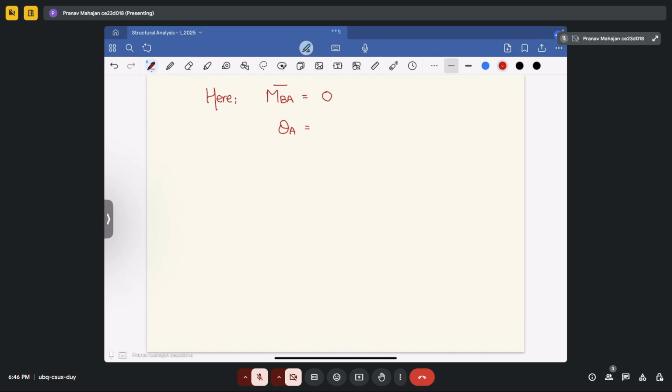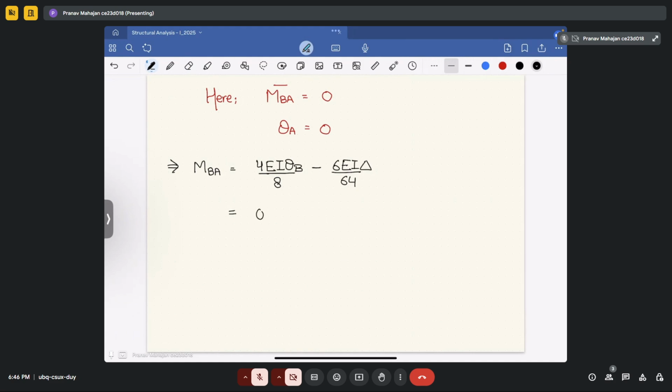Your theta A will be equal to 0. And that will give you MBA equal to 4 times EI theta B divided by L, what is L? 8, minus 6 EI upon 64 into delta.